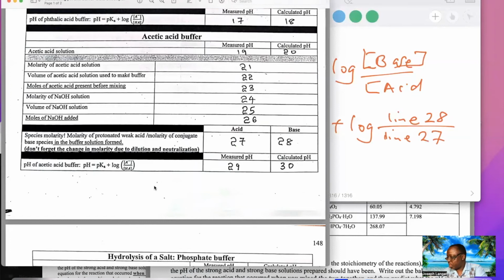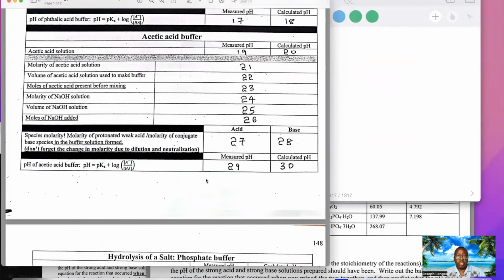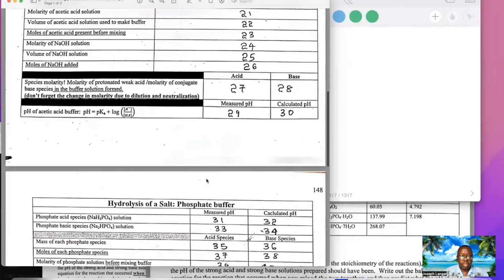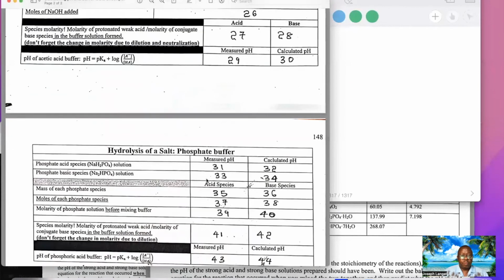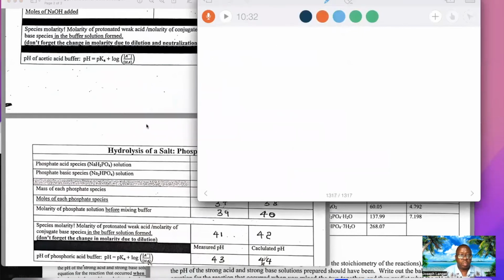Lastly now is the preparation of the second buffer, from hydrolysis of the salt, the phosphate buffer solution. This is where you had to weigh out two solids. One of them is the conjugate base, one of them is the conjugate acid. Let's label it first so that you relate.